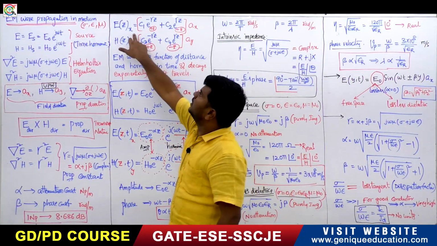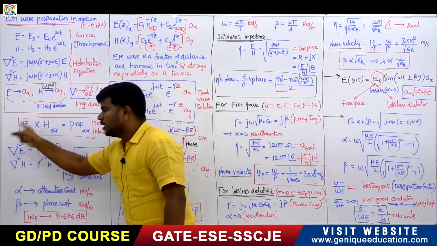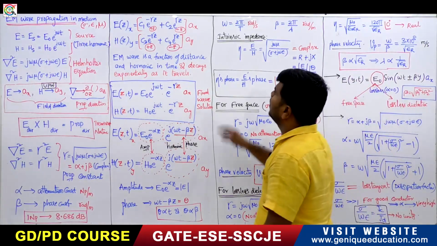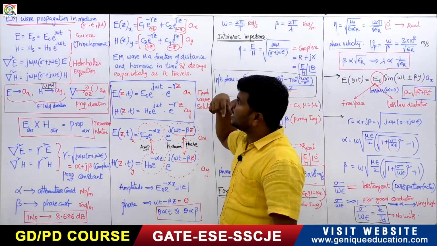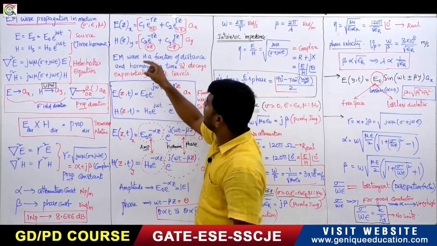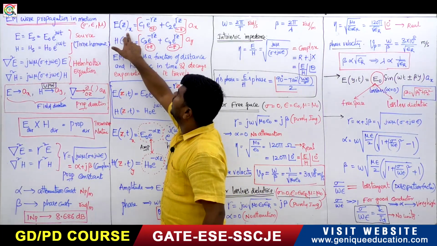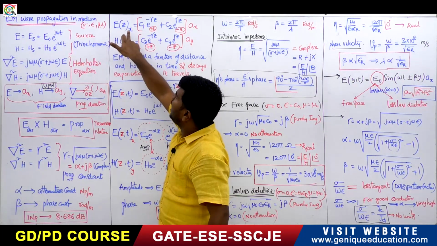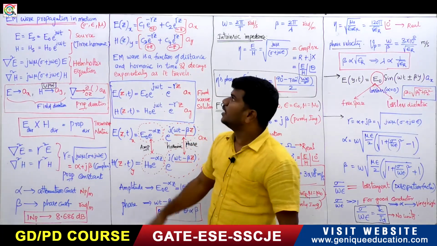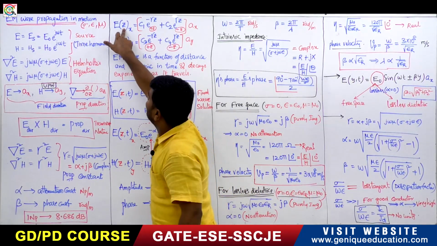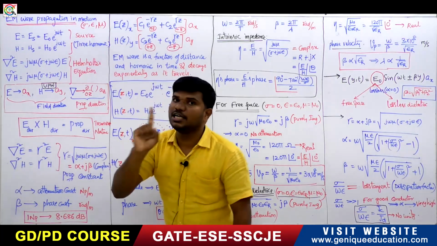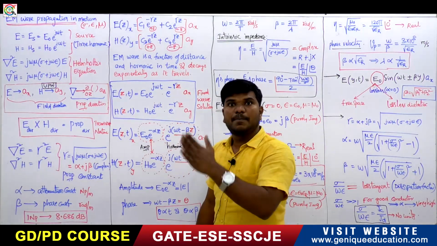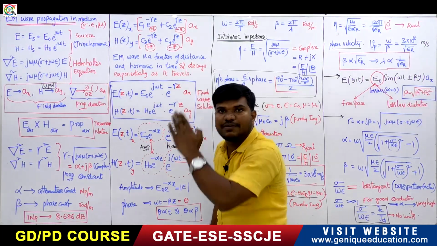I am writing this. The solution for this differential equation is C1 e power minus gamma z plus C2 e power plus gamma z. Now what have I considered? I have considered the uniform plane wave. So I am naming it E of z suffix x, representing that E is varying in z and directed in x. The electric field direction is the x direction, but that x directed field is traveling in z.